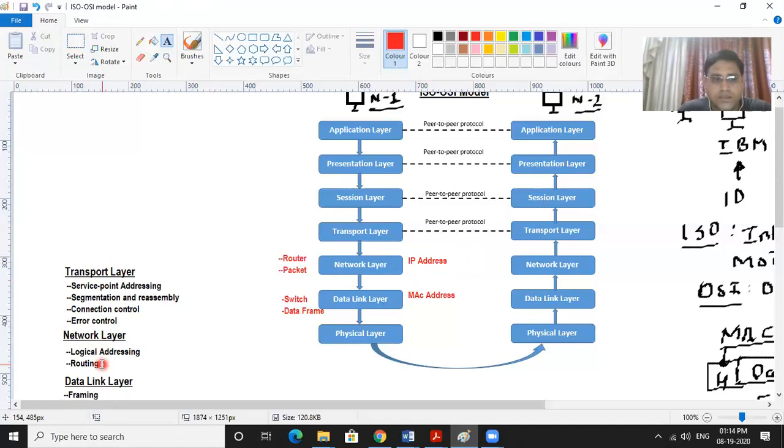Now the second thing is routing. Network layer does routing. Routing means, let us suppose you want to go, if I take the example of Dehradun city, from the university to Ghantaghar. Now there are multiple ways, multiple options.